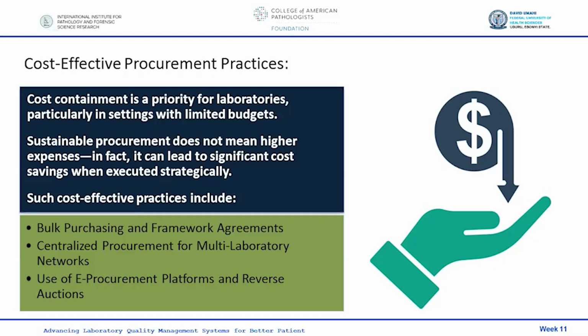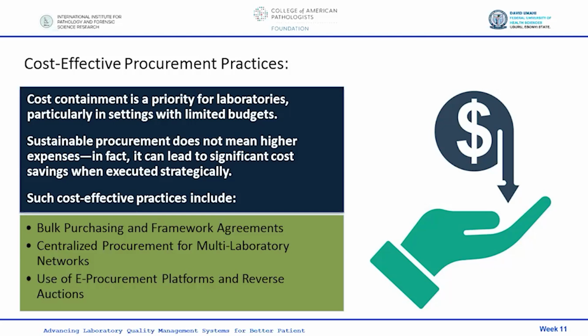Such cost-effective practices are bulk purchasing. Okay, so this is all about consolidating procurement for frequently used items, and this will go a long way in helping to leverage volume-based discounts.